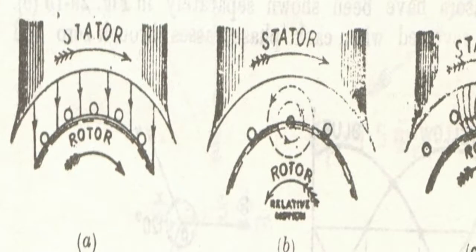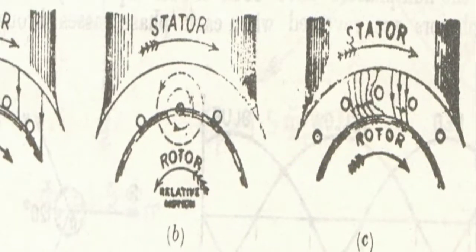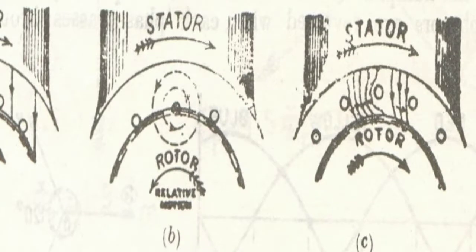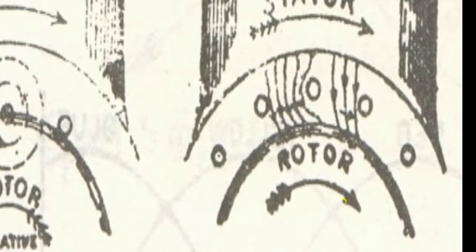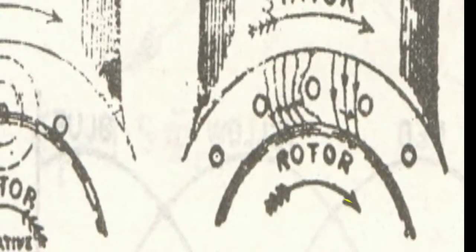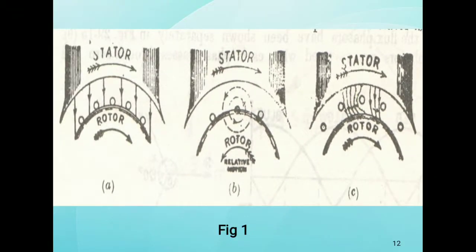How the field will be established in the rotor, the relative motion, and in the B circuit, observe this one, in the stator and rotor combination. Figure C is the stator and rotor combination. Observe these three figures.